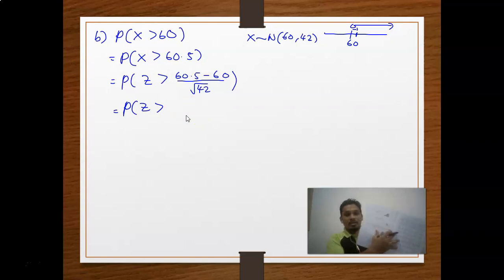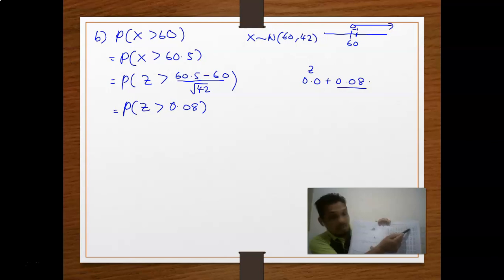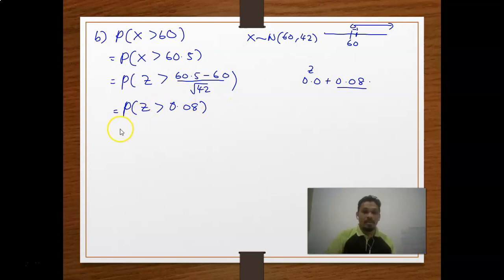We can just find the answers from here with 2 decimal places, so we make this 0.08. Reading from this book, it is from 0.0 plus 0.08. This is the Z, and this is from the top of the table, 0.0 here on the top, and intersect with 0.08. There you go. Then it is 0.4681.